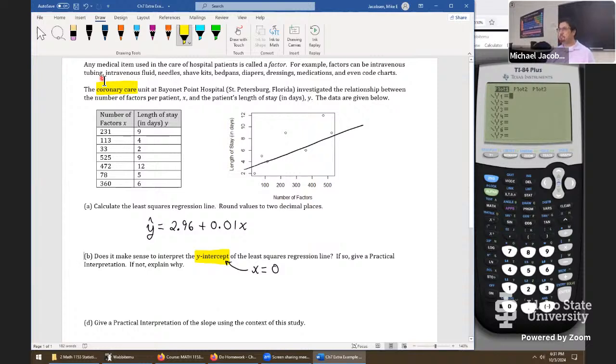Some people might also say, this is one of those problems that's open to interpretation. If you decide it does make sense to interpret the y-intercept, you would say, at 0 factors, the length of stay is about 3 days. That would be the interpretation. But again, this is one of those problems where as long as you defend your answer and it makes sense within the context, you would always get full credit. I think you could go either way on this one.